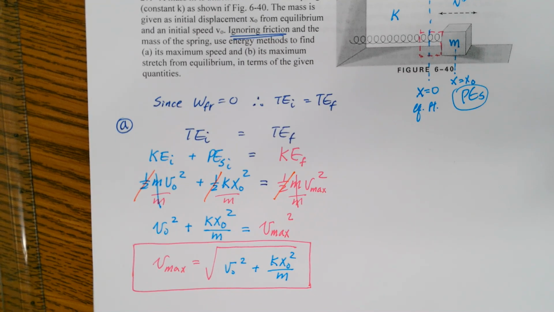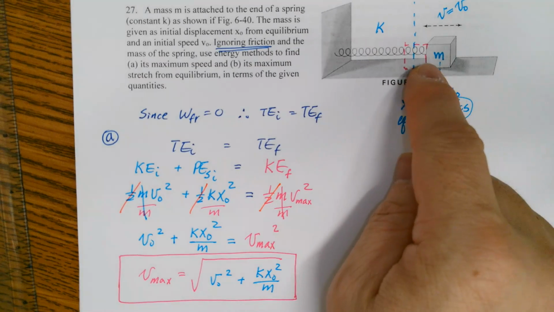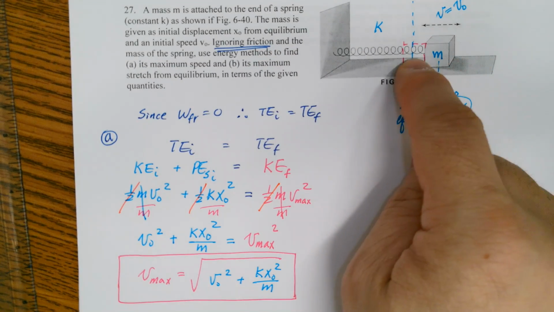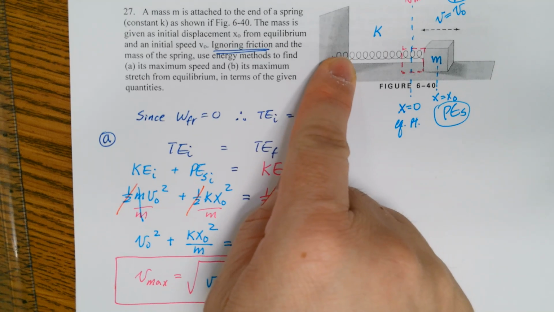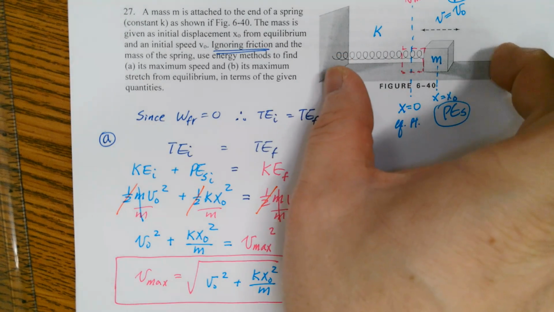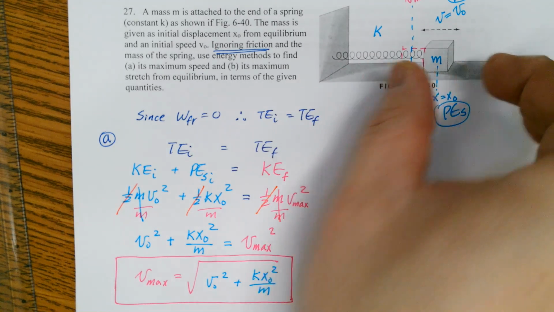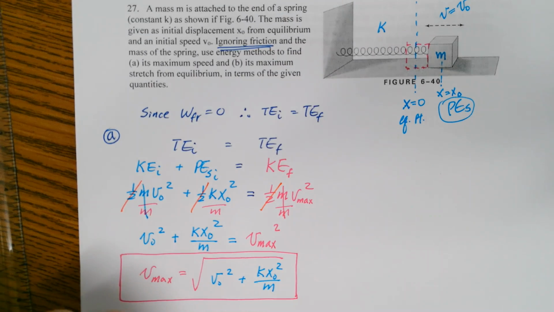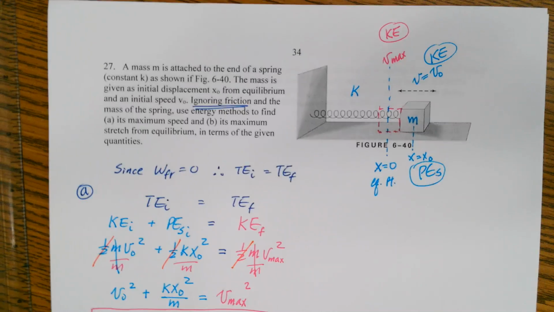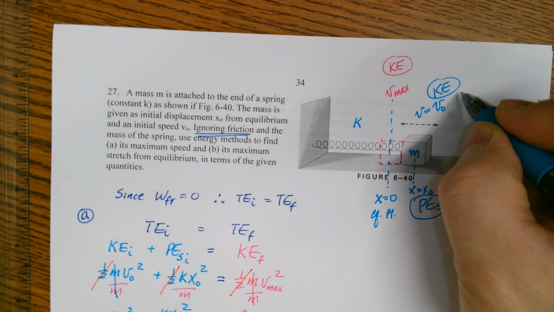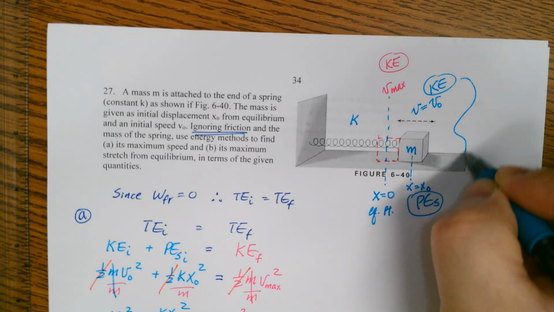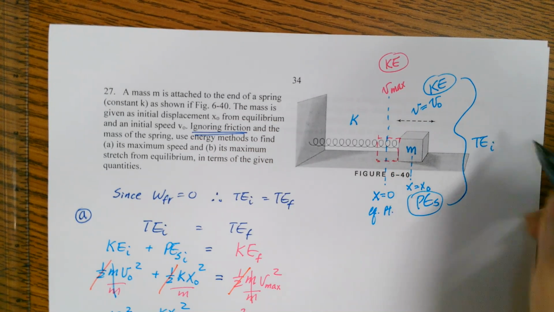What about part B? The maximum stretch from the equilibrium in terms of given quantities. So now they want to know how much it is going to stretch, and that's the same as how much it is going to compress too. It doesn't really matter whether it's compressed or stretched. It's going to be the same amount, whether it's this way or this way, right? Well, this is the total energy that I start with.